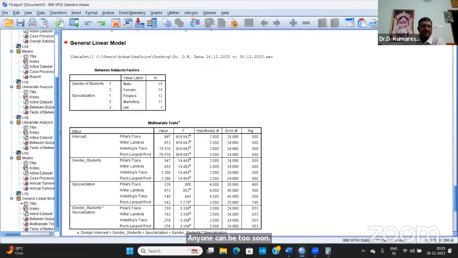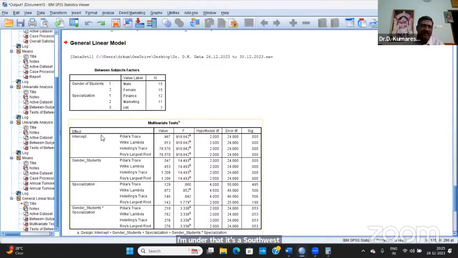You are given the results of all the 4 tests. And one thing you should know, the results of all the 4 tests need not be the same. Sometimes it may be somehow different. Some differences may be there among the results of the 4 tests.